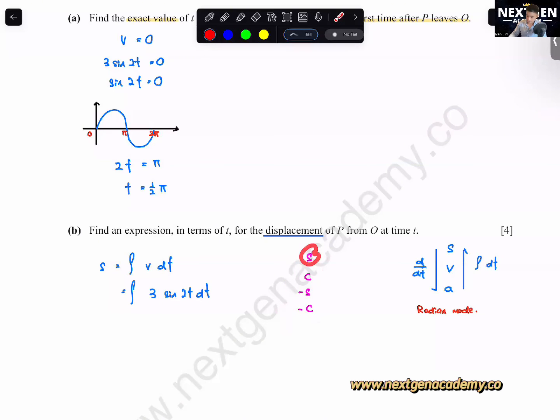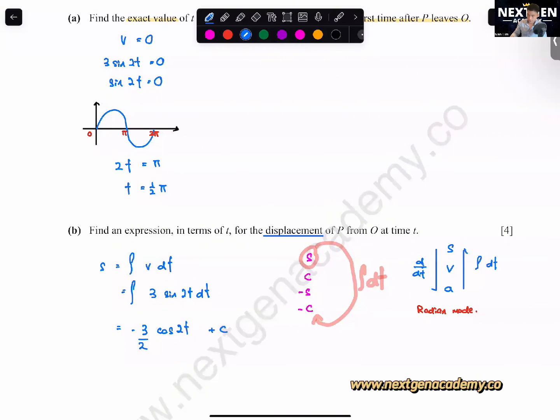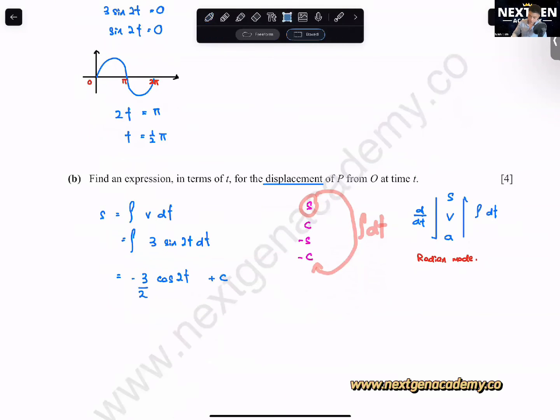So if I integrate sine, I will get negative cos. So we will get here negative 3 cos 2t. Then because there's a 2 inside, you divide by 2 also. So negative 3 over 2 cos 2t. Don't forget to plus c, because this is an indefinite integral.